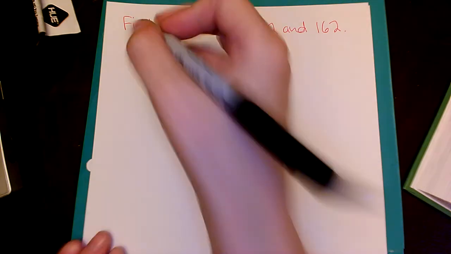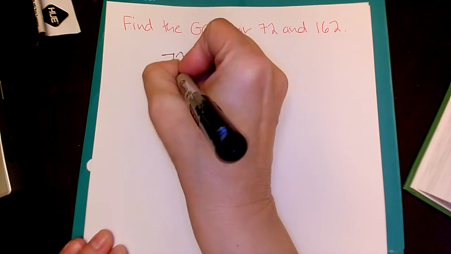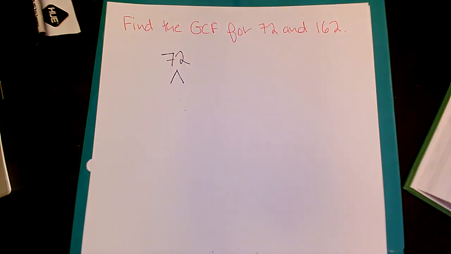So again, I'm going to start off with my factor trees. For 72, what two numbers, when you multiply them together, will give you 72? And there's a bunch.